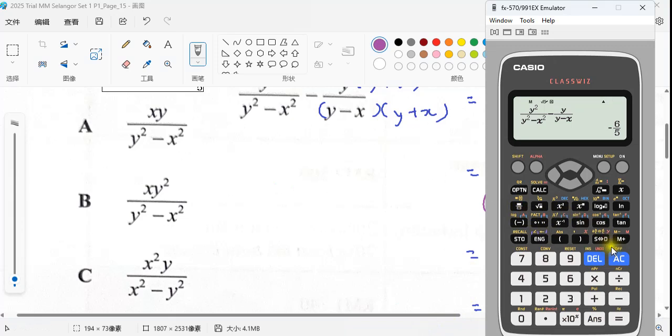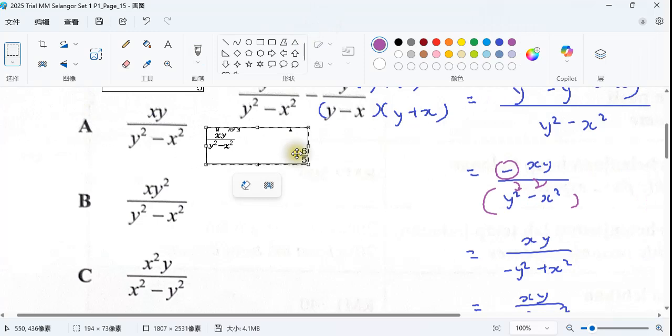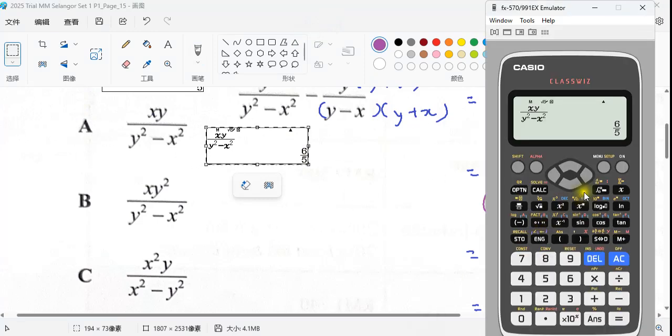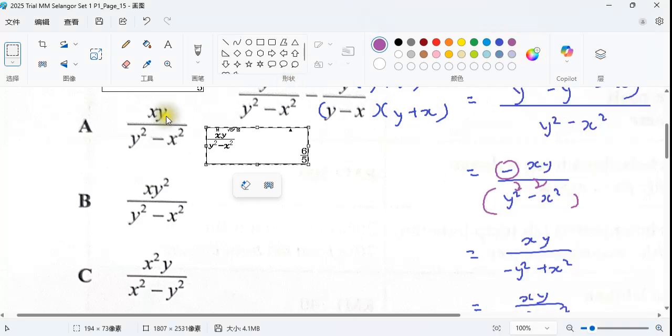Then we have xy squared, 18 over 5, also not the same.